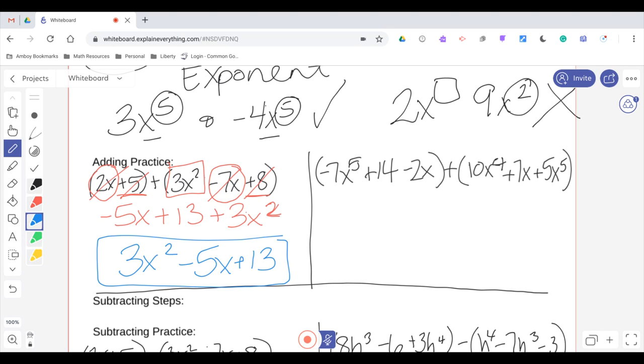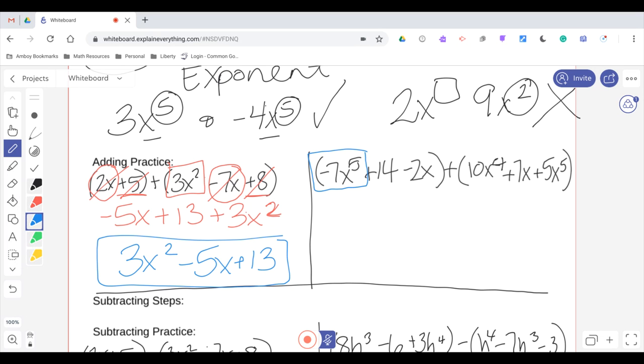Negative 7x to the fifth plus 14 minus 2x, that's one trinomial, plus 10x to the fourth plus 7x plus 5x to the fifth. Okay, that's another trinomial. I'm just going to start over here on the left. It doesn't really matter where you start as long as you make sure you combine everything and include anything that couldn't be combined.